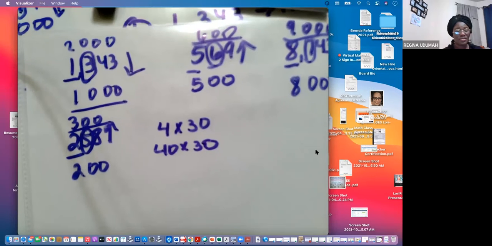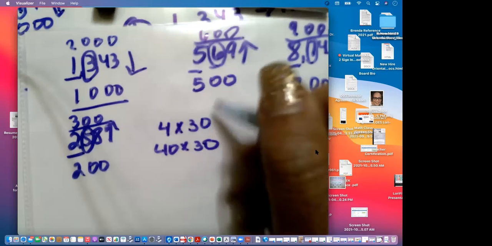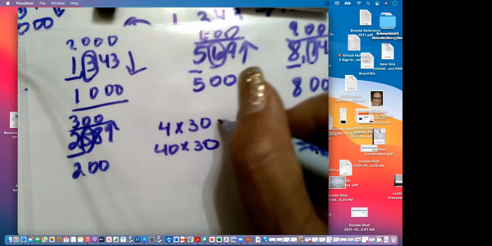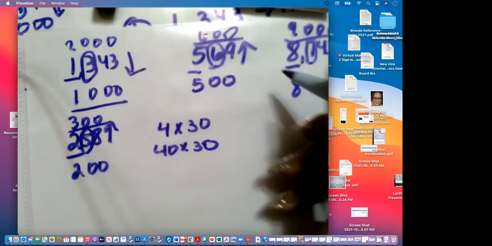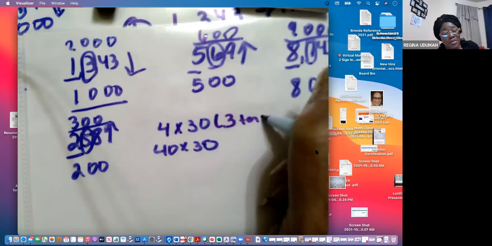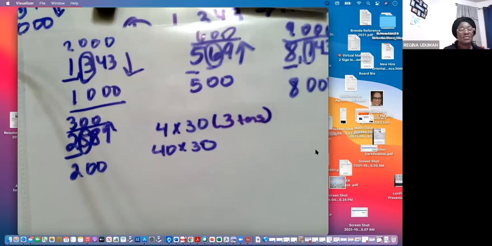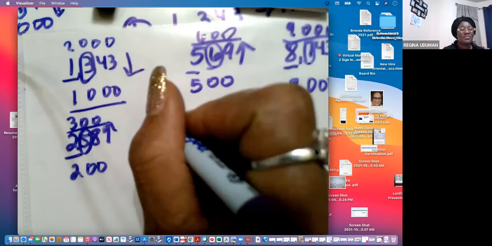The zeros. Right, this is 4 ones and 30. What's another way to write 30? How many tens are in 30? 3 tens. So 30 is the same as 3 tens, right? Yes.